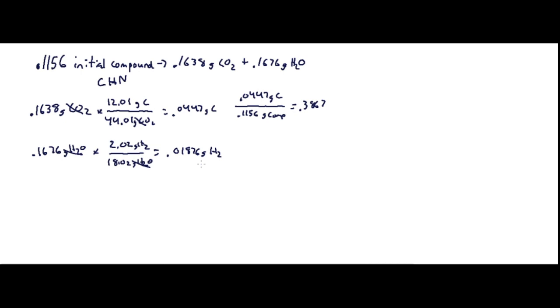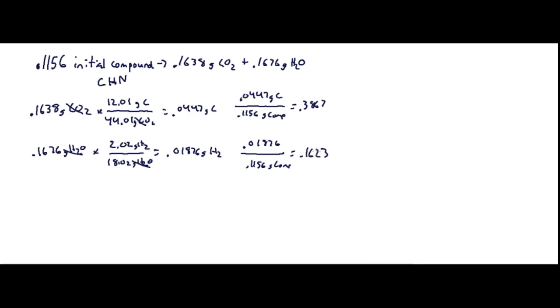So now we're going to take that weight of the hydrogen, 0.01876, divide that by the 0.1156 grams of the compound, and we're going to see that is equal to 0.1623.